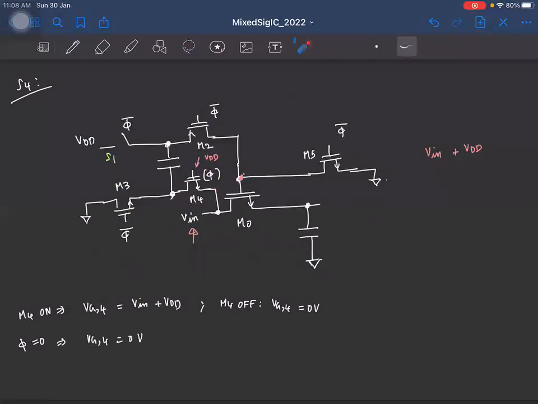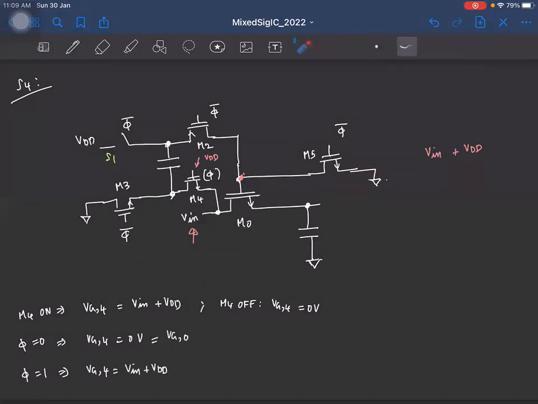And we notice that when phi is 0, that is when phi bar is high, this transistor M5 is pulling the gate of the main switch M0 to be 0, right? So this is also equal to the gate voltage of the transistor M0. And similarly, when phi equal to 1, we ideally want the gate of the transistor M4 to be Vin plus VDD.